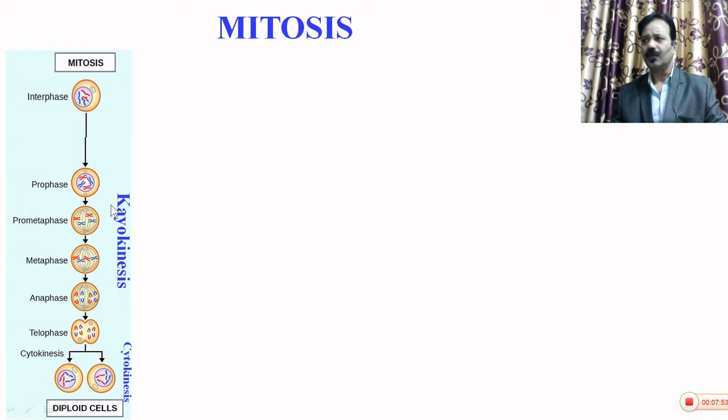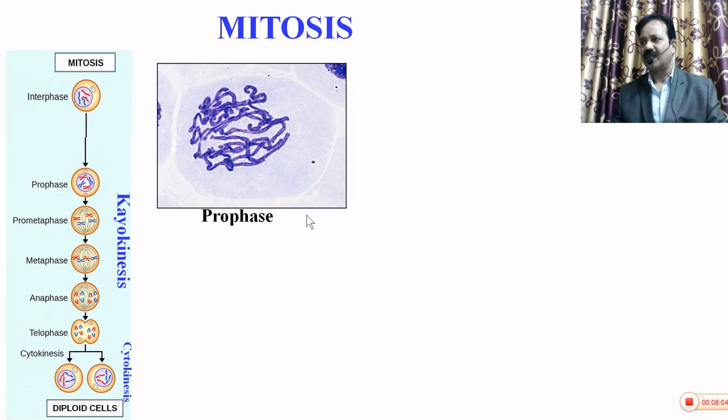Prophase. What are the characteristics of prophase? Prophase shows the following characters. Chromatin fibers undergo condensation and appear thick as compared to interphase.